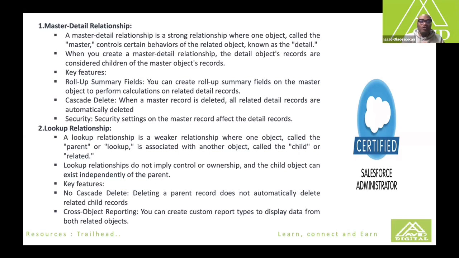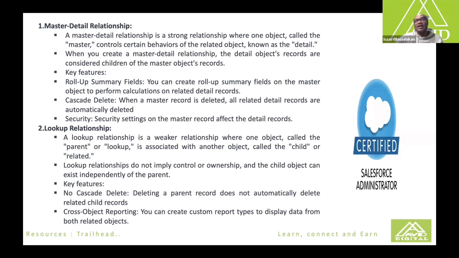Then you have lookup operations that do not imply control or ownership. It does not control or have ownership authority over the child object. They can exist independently. Take note of that word. Like the kind of relationship that the account object has with contact. That means the contact person in the company is always a lookup relationship.